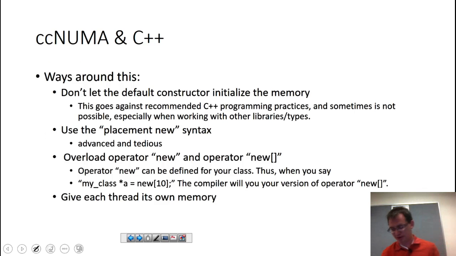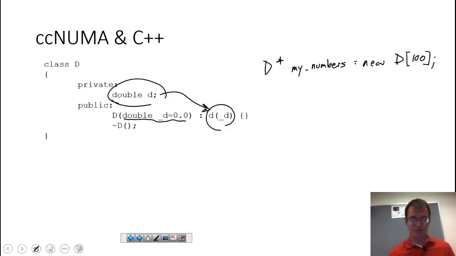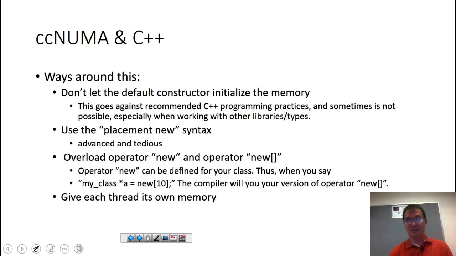So there are some ways around this. The first way is don't let the default constructor initialize the memory. If we had written our default constructor without this or this, it wouldn't have touched the memory at all because it's not doing anything with it. So that's kind of the easiest way.